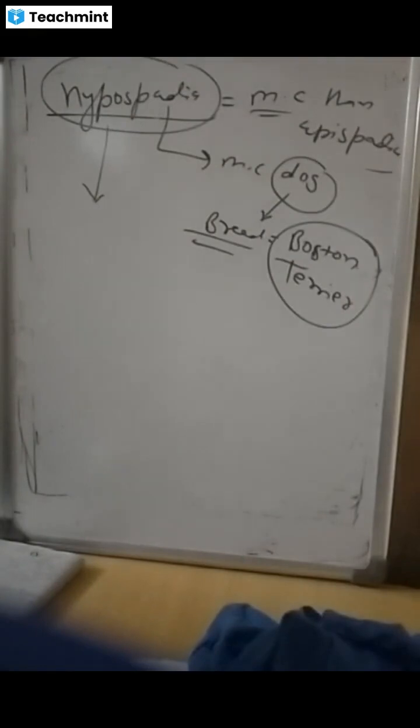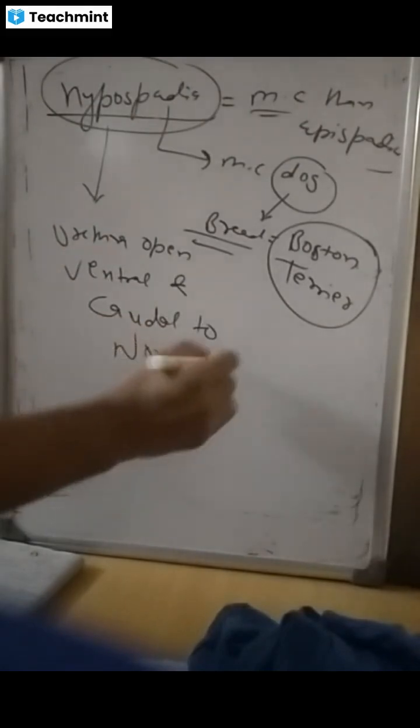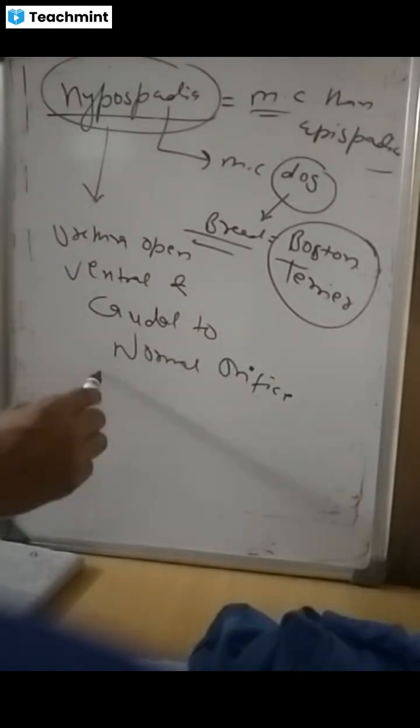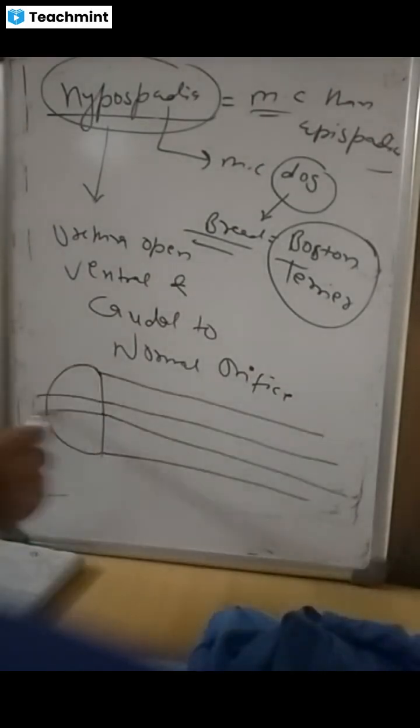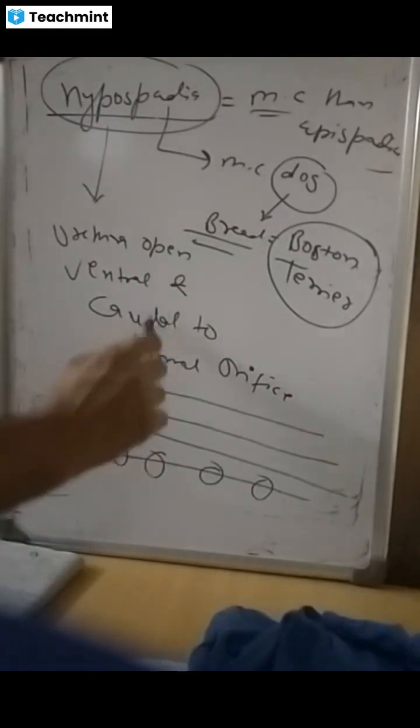So if we look at the definition of this from the books, it says it opens ventral and caudal to the normal orifice.